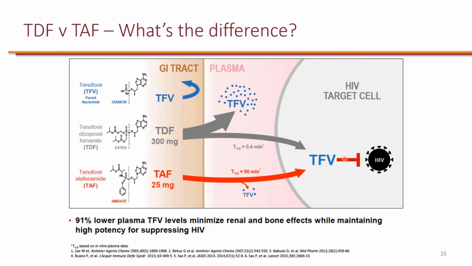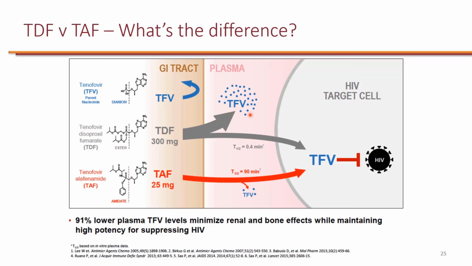Now the problem is the majority of this tenofovir is staying in the plasma where we don't need it, and guess where it goes? It goes to the kidneys. It's going to go to the kidneys and it's going to cause nephrotoxicity. It's also going to go to the bones and cause bone mineral loss, things that we do not like. So this has become a problem because patients need to be on these drugs for life, and over time this can build up, and patients will start to have CKD, or if they already have CKD, the CKD will progress.